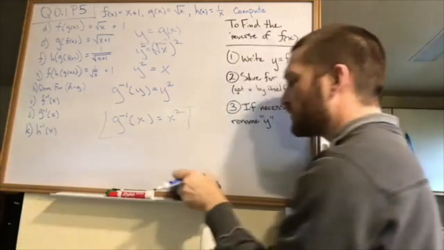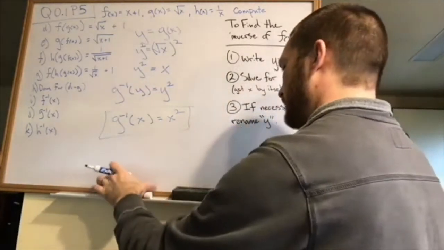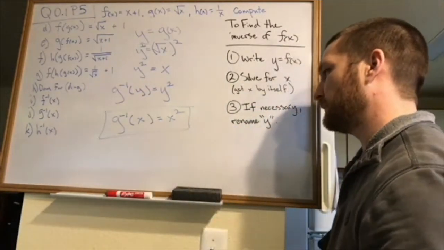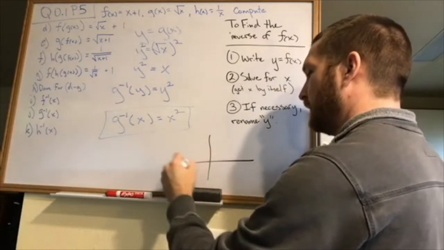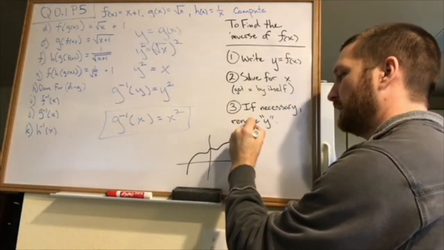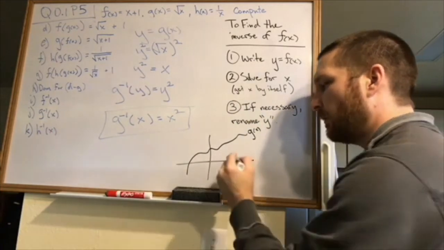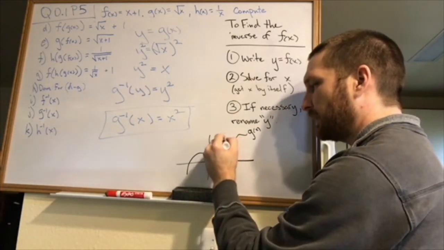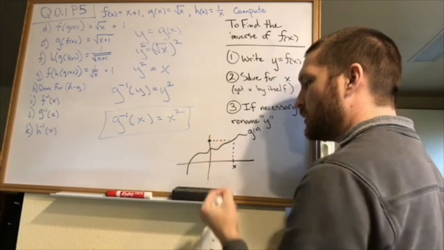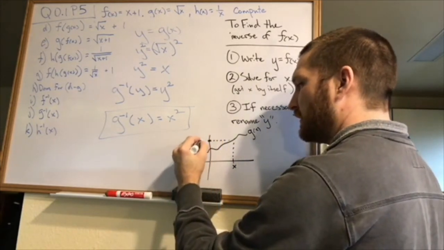We'll start with g this time. So back to our picture. We have some function g. And now we're going to start with x right here and push him forward first by plugging him into g, and you get g of x.